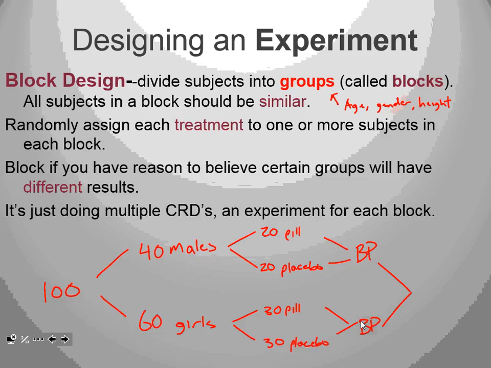I don't know why I said girls and males. And then we can look at just overall blood pressure results. We have one extra layer of data that we can analyze, which is why we do blocks. This step is what makes the block.